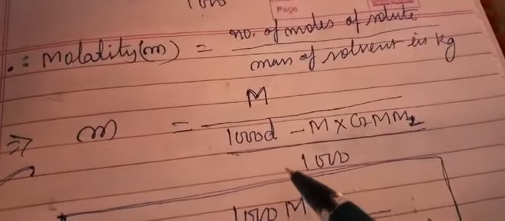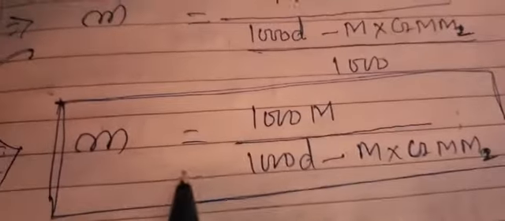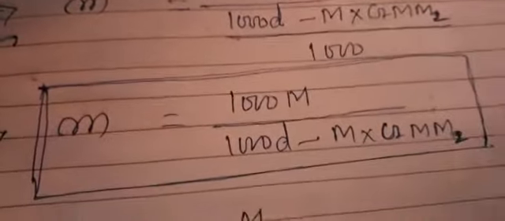Now you are putting the mass of the solvent in kg, which you have calculated here, so that value is written here. Now rearrange this one, so you will be getting m equal to 1000 times this. So this relationship can be utilized to calculate the molality.